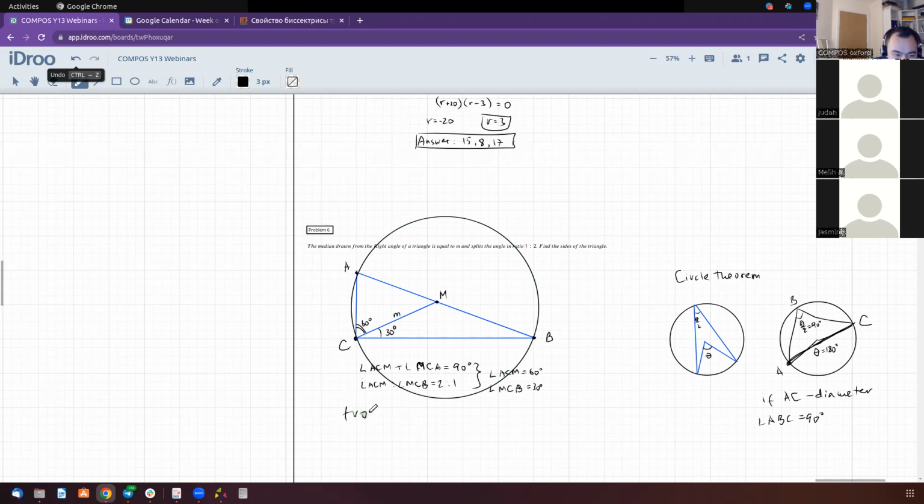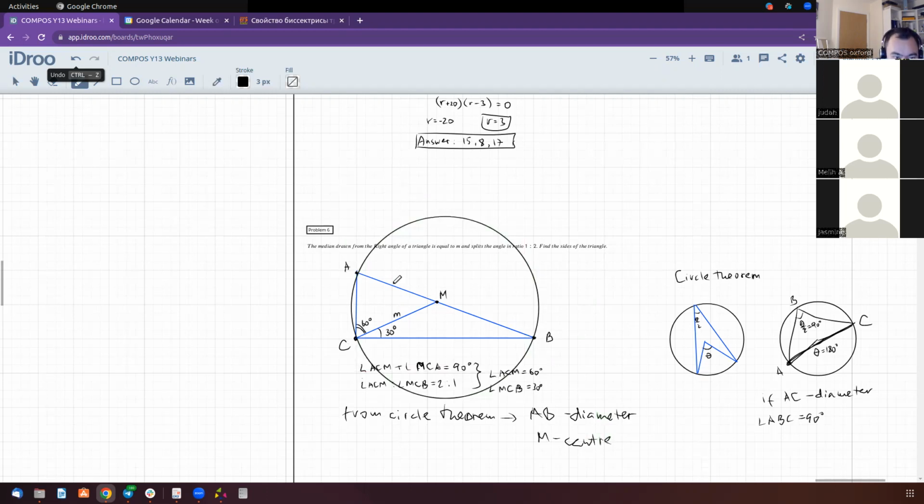From the circle theorem, AB is the diameter, and M is the center of the circle, obviously.